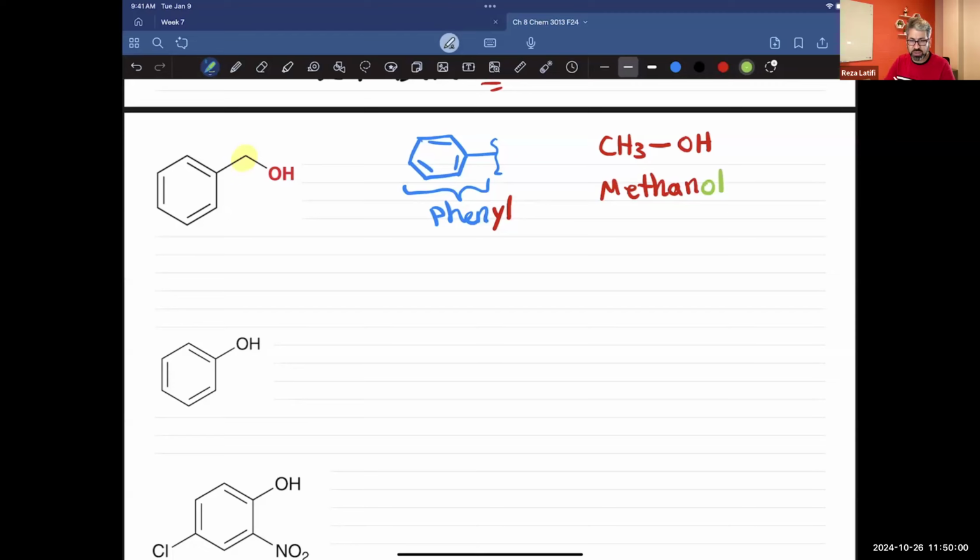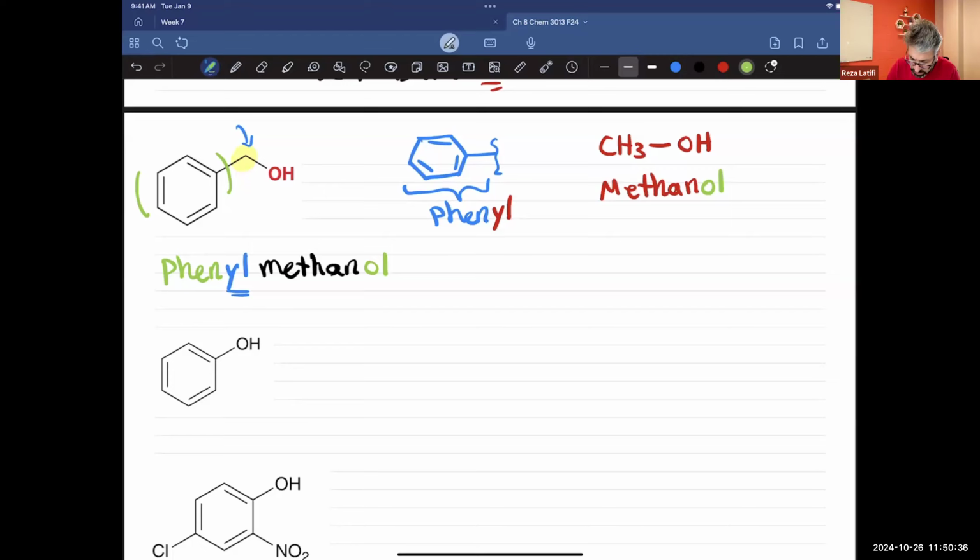Methanol. Okay, so now I'm going to get rid of one of these hydrogens, make it 2, and attach phenyl to it. In that case, phenyl will be one substituent. So I'm going to call it phenyl attached to carbon. Which carbon? This carbon. So it will be phenylmethanol. There is another way also to name it.